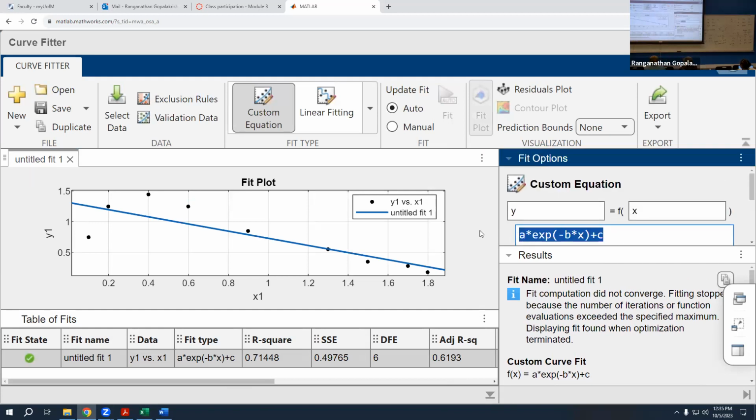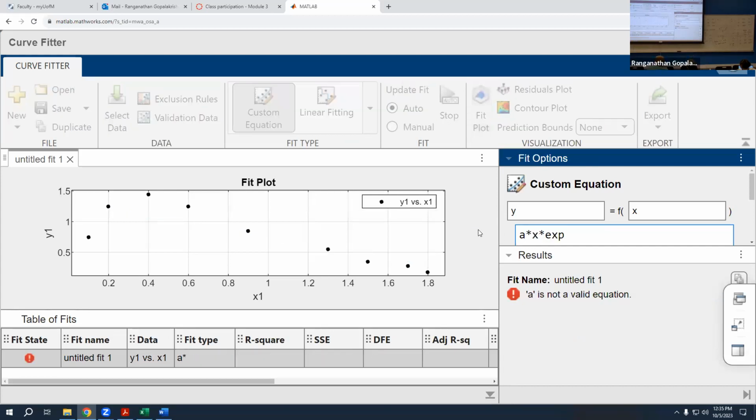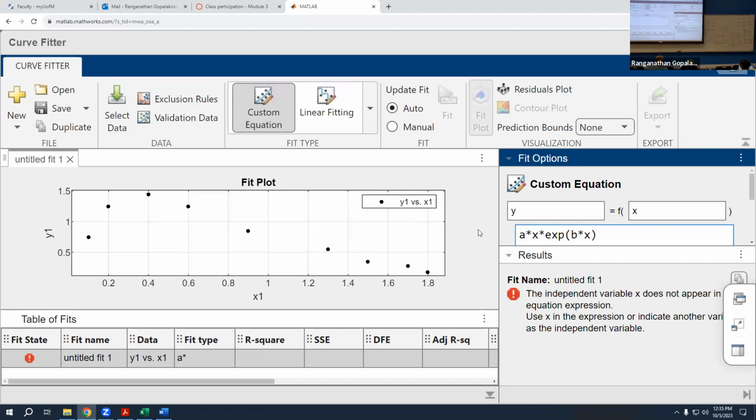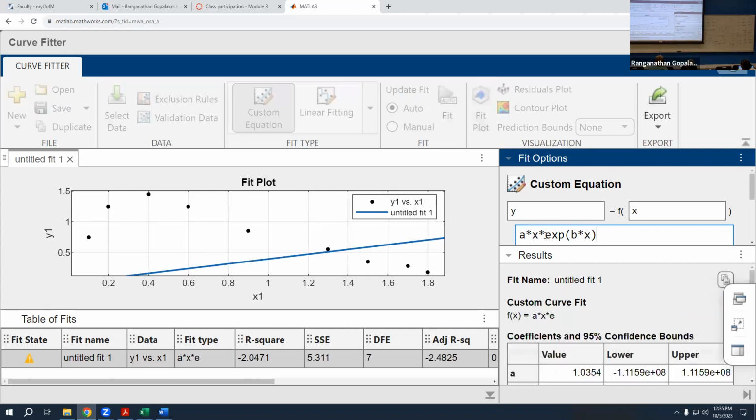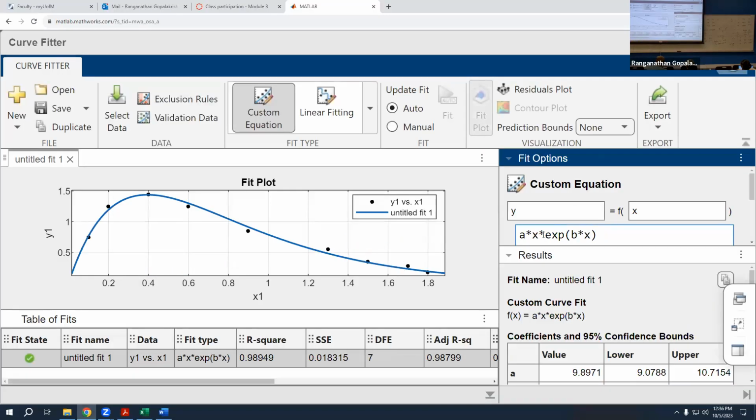What do you want it to be? You want it to be alpha x times exponent of beta x. Let me just make sure I got this right. Alpha x times exponent of beta x. Yep.